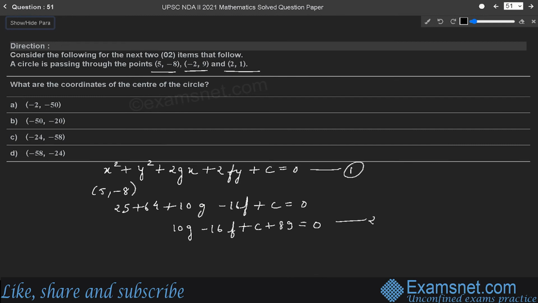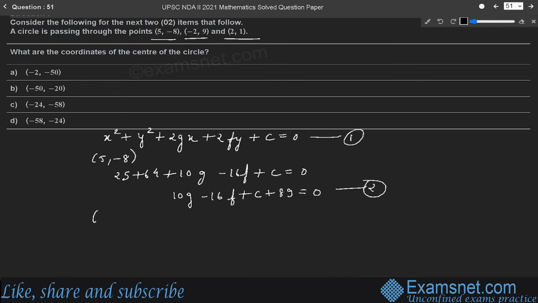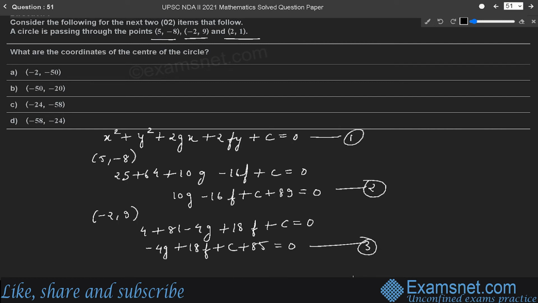Let this be equation number 2. Similarly, when the equation passes through the point (minus 2, 9), it will be 4 plus 81 minus 4g plus 18f plus c equals 0, which can be written as minus 4g plus 18f plus c plus 85 equals 0. Let this be equation number 3.